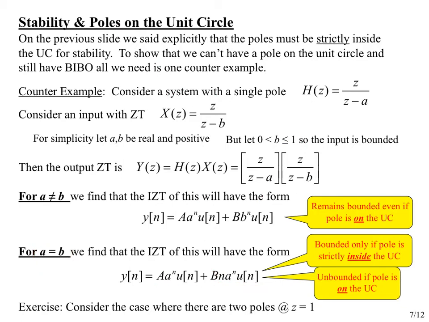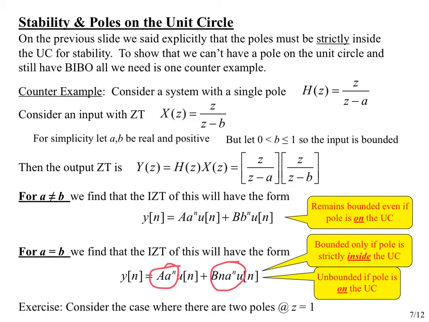So let's look at that. If we have a pole that's strictly inside the unit circle, then A is less than 1, and this term clearly decays. And you can actually show that when A is strictly less than 1, n a to the n will start going up.